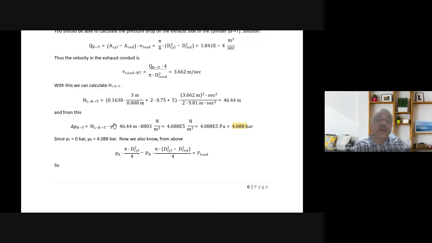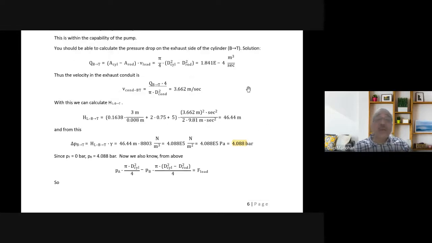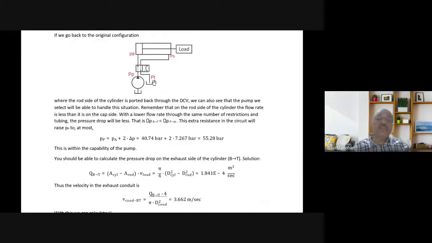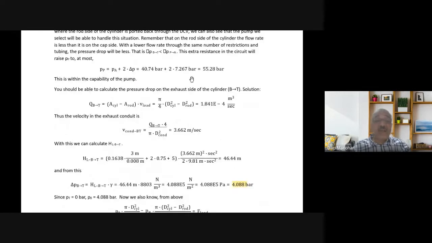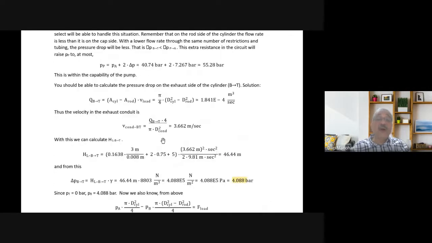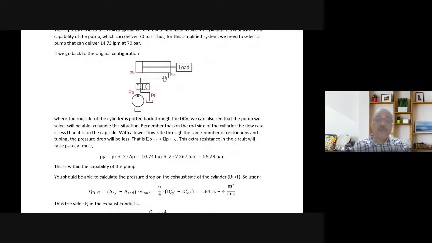You assume rho g h, h into rho g, get a value of 4.08 bar. That means now the pressure drop between point B to T is 4.08 bar. Now we know tank pressure is zero, so PB will be 4.08. So we know PB is now 4.08.